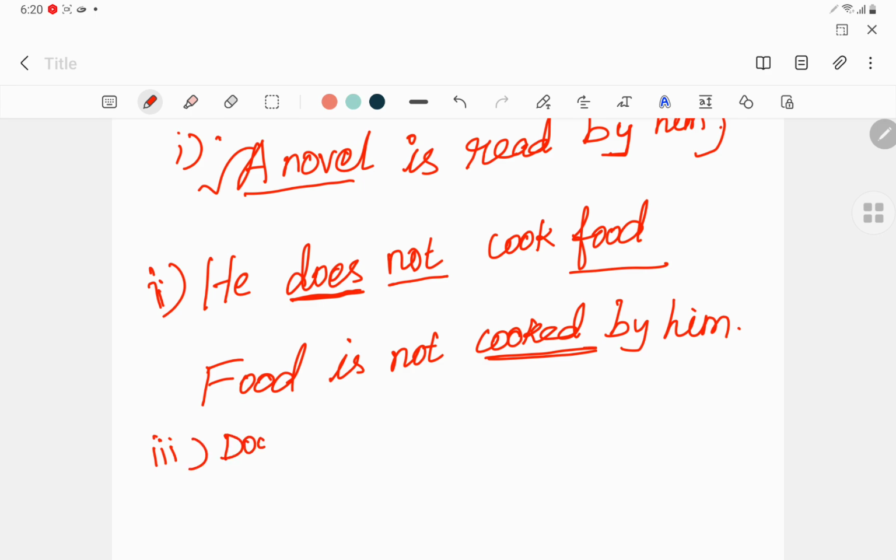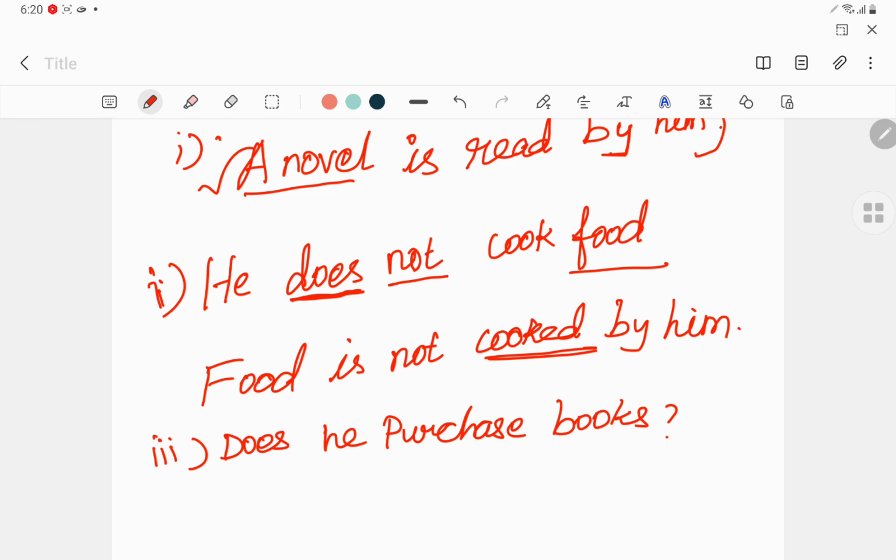Does he purchase books? Does he purchase books? Then how do you change this question? Here also you have an object. Does is the verb, he is the subject, purchase is the main verb, and what? Books.